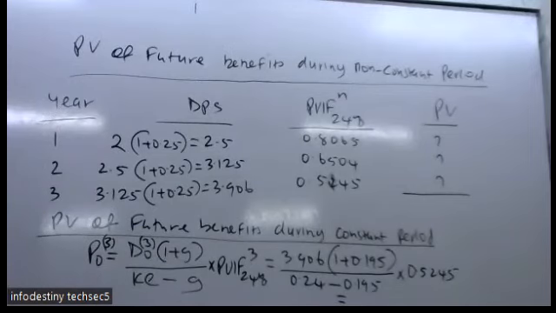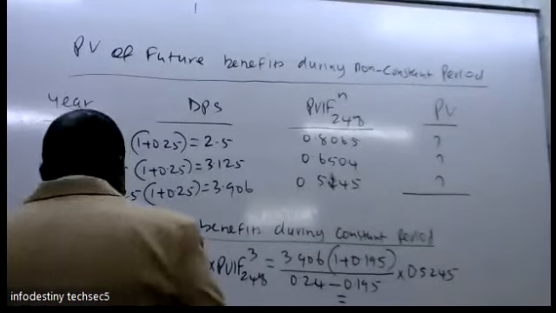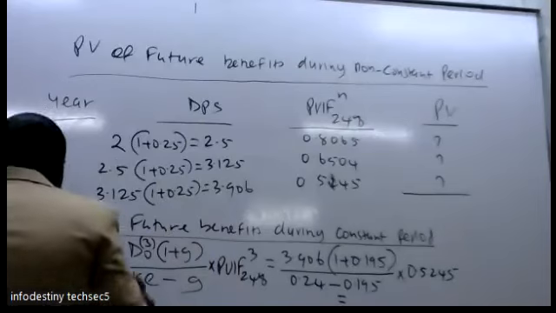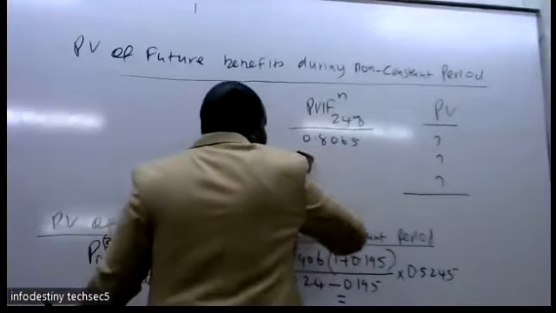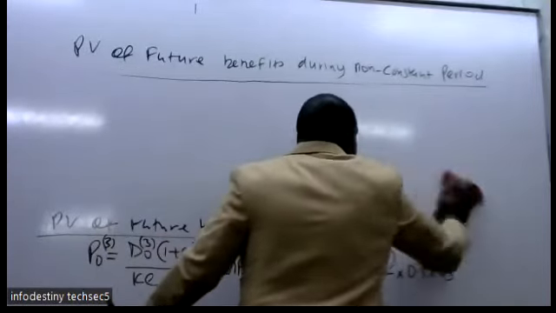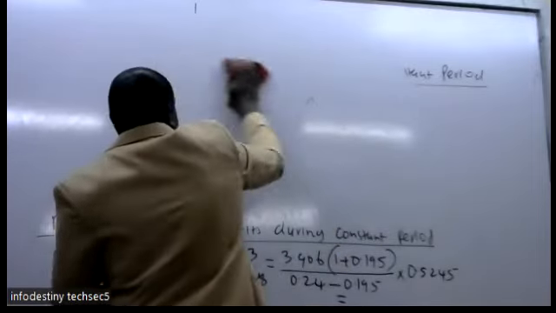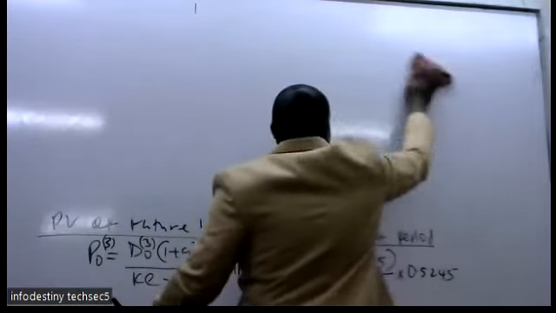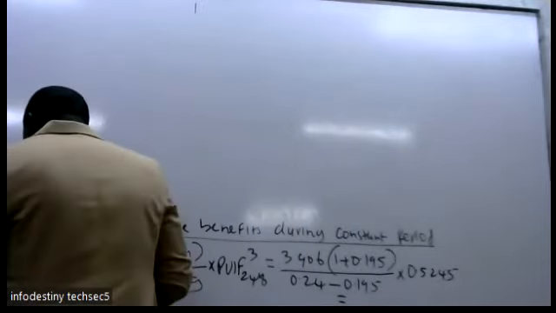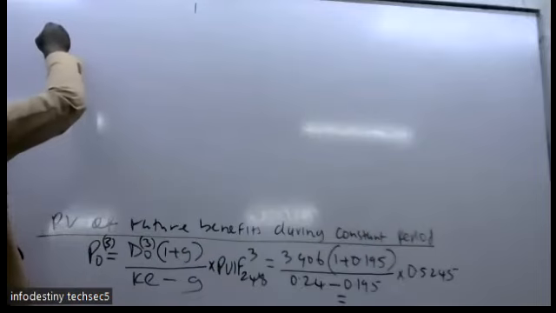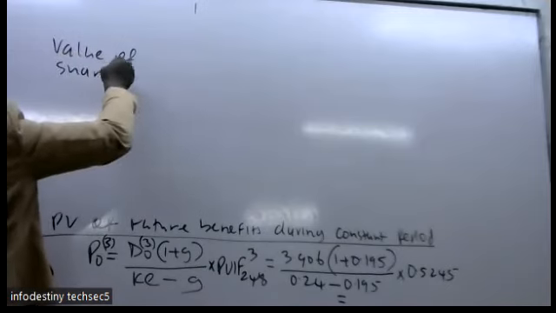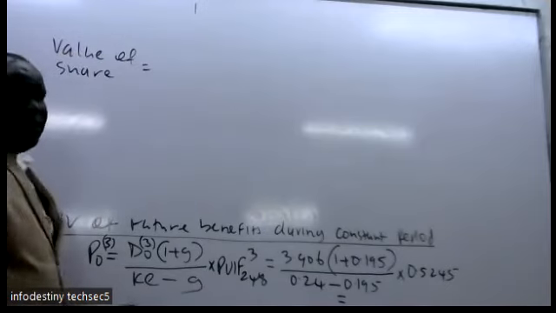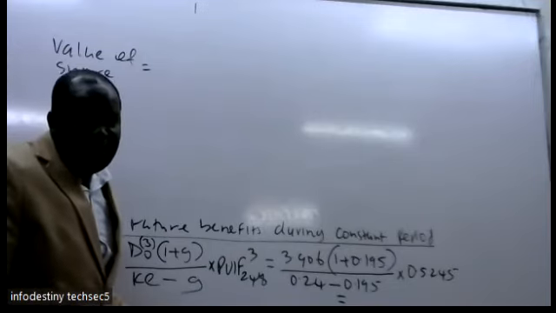So now we add them together, the non-constant and the constant, to get the value of the share. The value of the share will be the present value of the future benefit during the non-constant period.